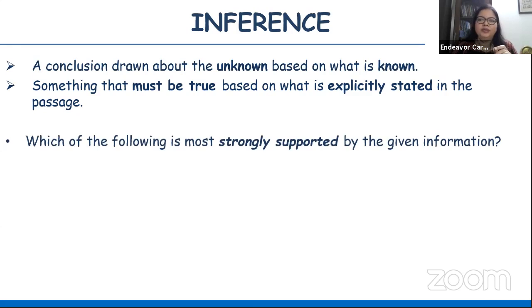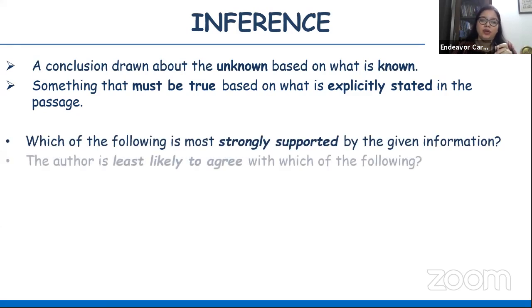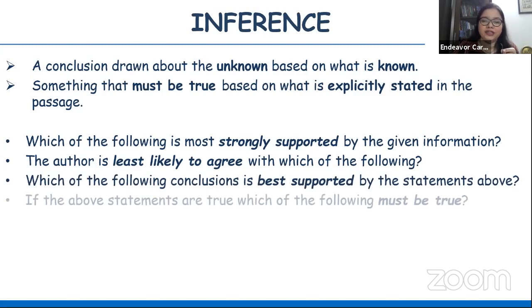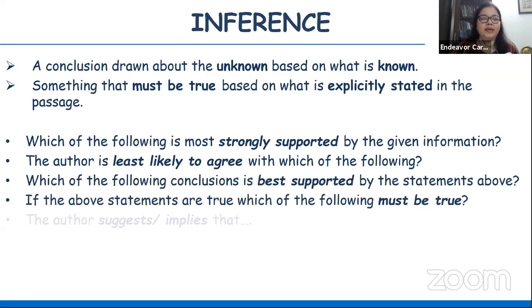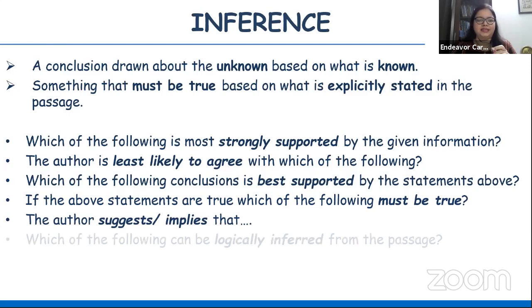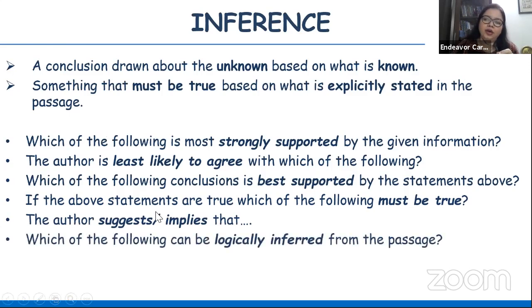How are the questions normally phrased? One of the most common ways of phrasing an inference question is actually giving that word: which of the following can be inferred from the passage? Another common word is the author suggests or implies. What does the author suggest? What does he imply? Or which of the following is most strongly supported by the given information? The author is least likely to agree with which of the following?